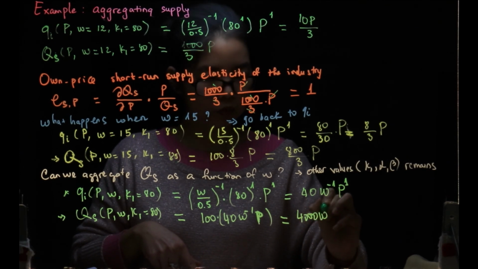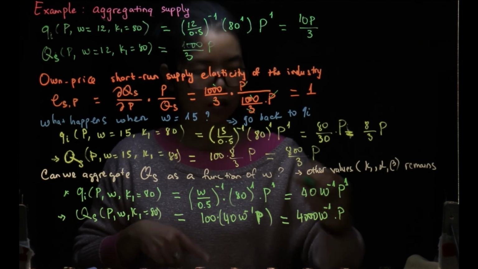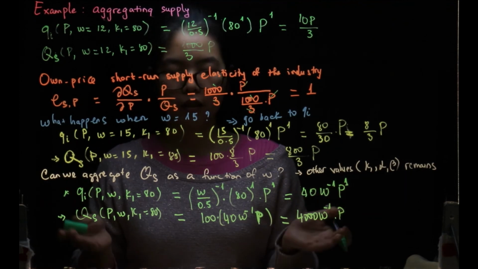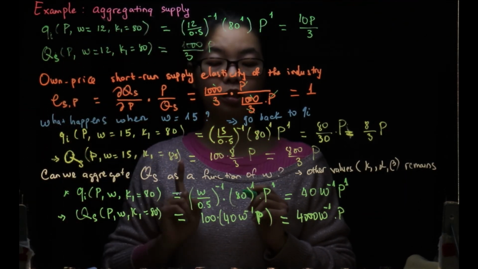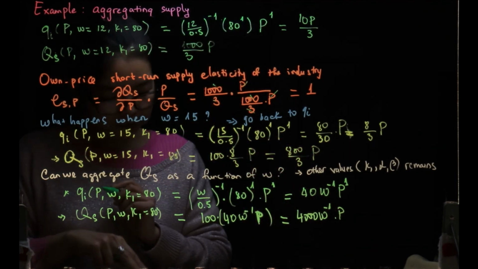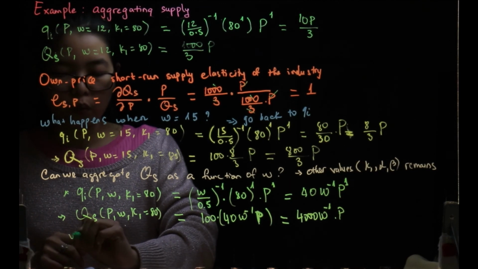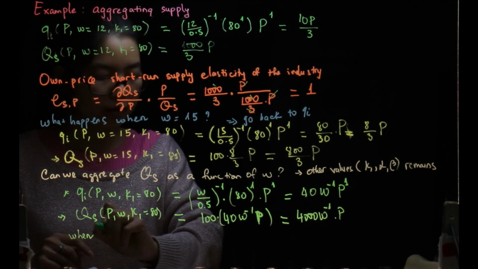No? W to the power of minus 1 and P. So this way we could write the aggregated supply of the industry as a function of W apart from P. Now let's check if we have done everything correctly.